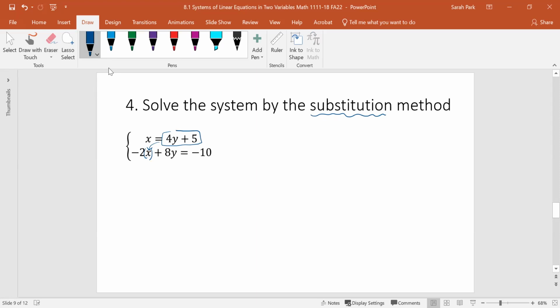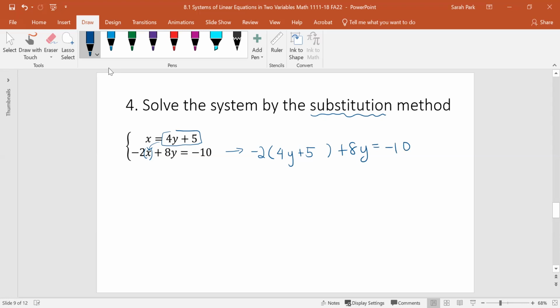So because we're substituting that into negative 2x plus 8y, we rewrite it as negative 2, and in parentheses we're substituting 4y plus 5, and then plus 8y is equal to negative 10.